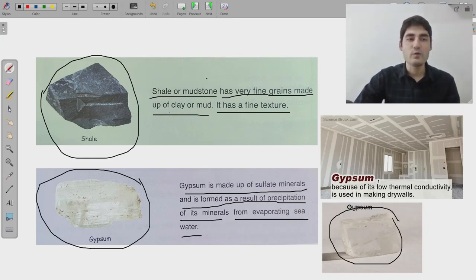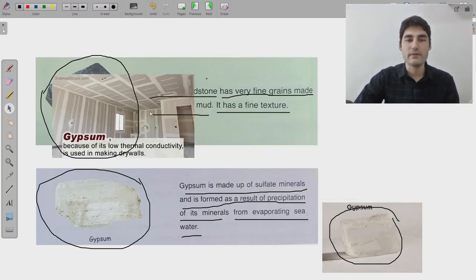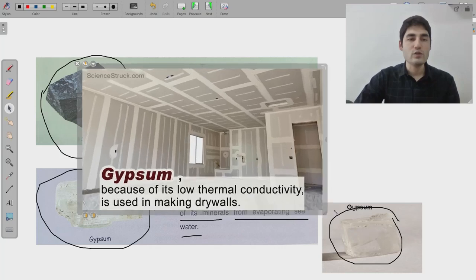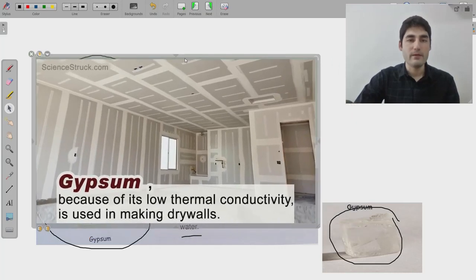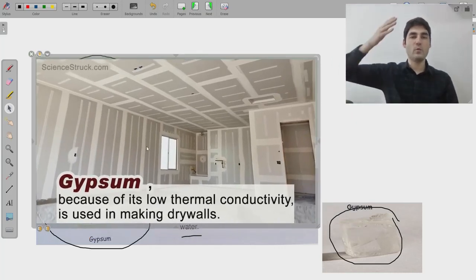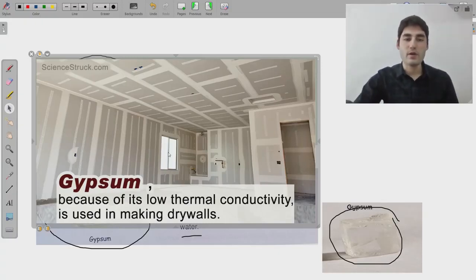And how do we use gypsum in everyday life? We can use gypsum when we make walls, because of its low thermal conductivity it is used in making drywalls.